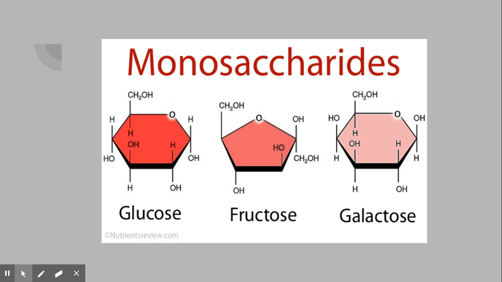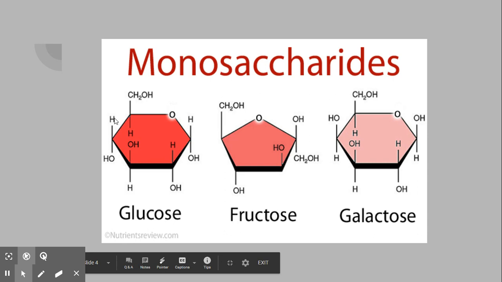Now, all three of these have very similar chemical formulas. They actually all are C6H12O6. So how do you know which one is which? Well, they are organized a little bit differently. Glucose and galactose are both formed in hexose rings, and they may look almost identical.